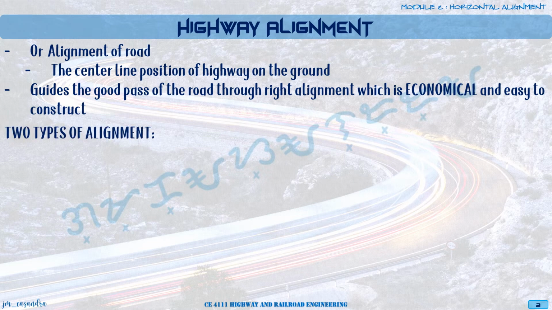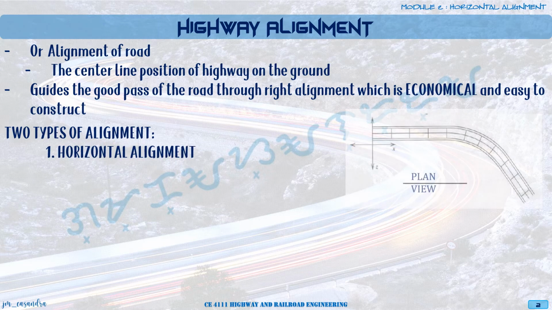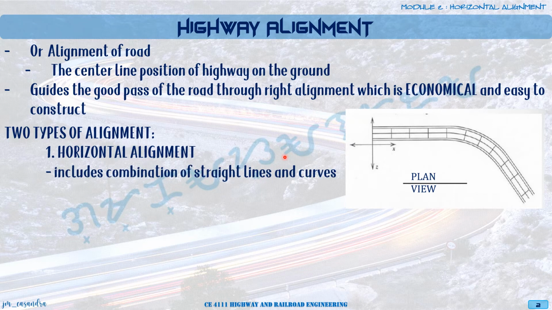There are two types of alignment for roads or highways. The first one is the horizontal alignment, which is simply the plan view of the road, so how we see it on top view. So it would now be a combination of straight lines or your tangent lines and curves.